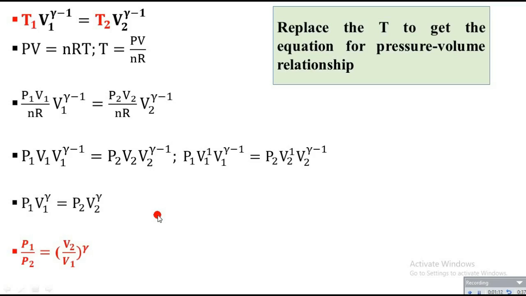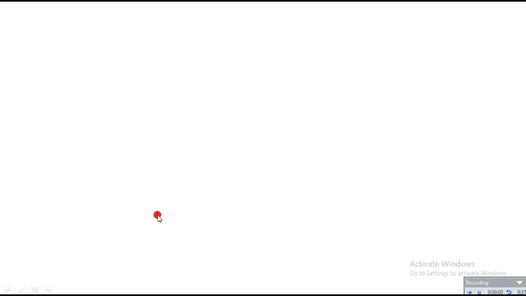Now we are going to go to the irreversible process. The formulas that we have seen were how to calculate the work done and the final temperature in the reversible adiabatic process. Let's see the equations that we have seen.